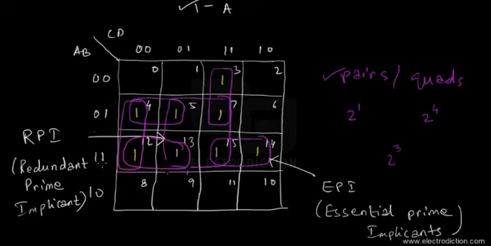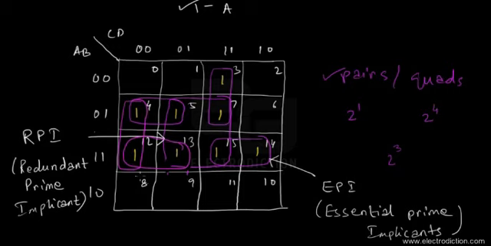Okay, so in that case, this particular quad right in the center would not be an RPI any longer. Okay, and similarly, the pair that's been formed with the cells 12 and 13 would not form an EPI anymore.